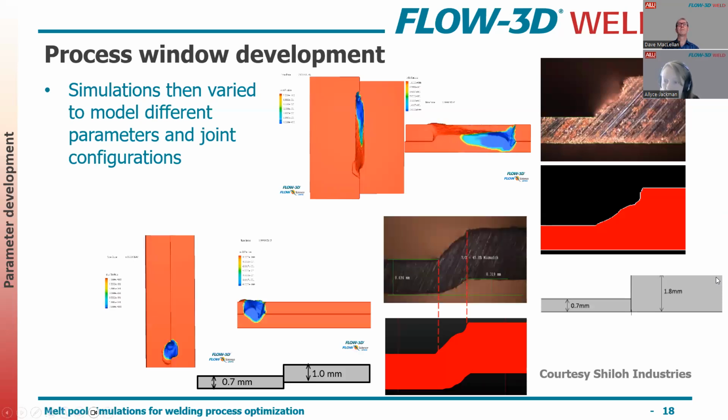And then in another case, they actually had an offset of this joint. So they needed to do full penetration through both plates. And so you can see the agreement there between the top and the bottom surface profiles. Simulation is down here in red, and the experiment is the image on the top, of course.